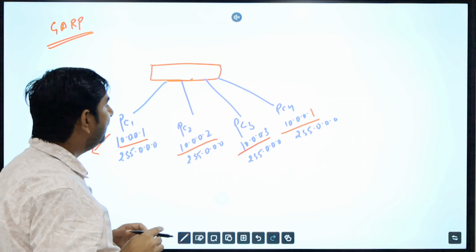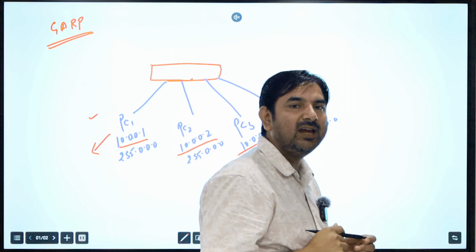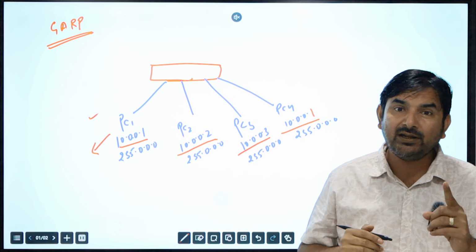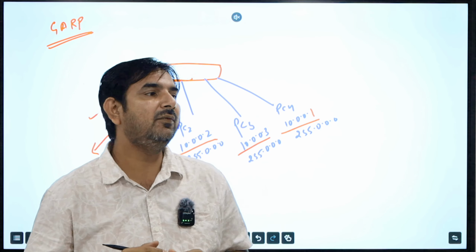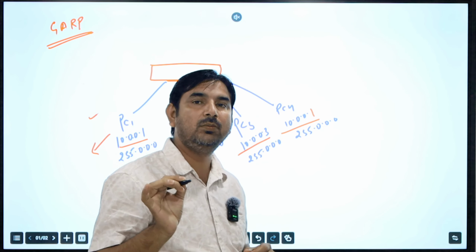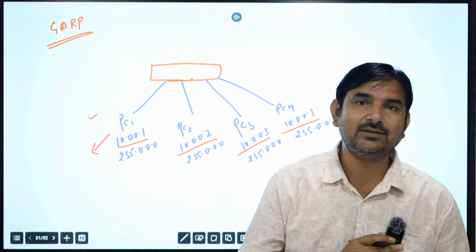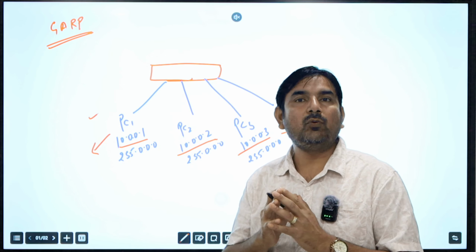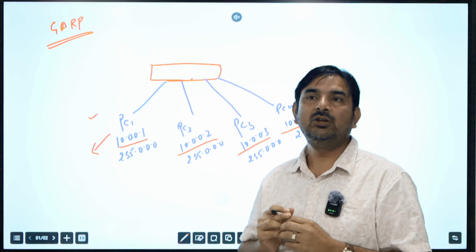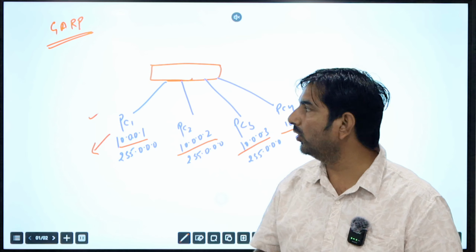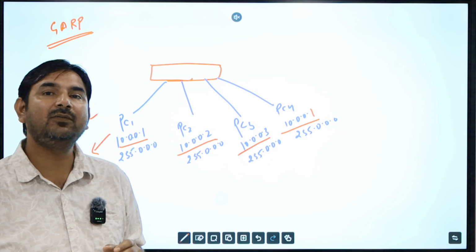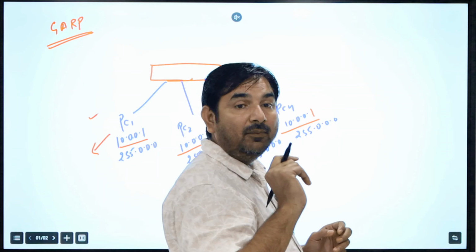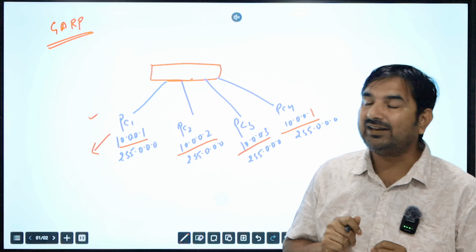We have two ways to assign the IP address on a host. One is we can configure the IP address through DHCP. Another way is we can configure the IP address manually, that means static. It doesn't matter which way you use, DHCP or manually, static.